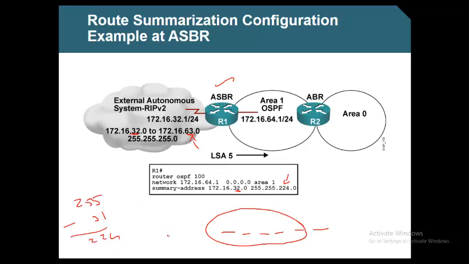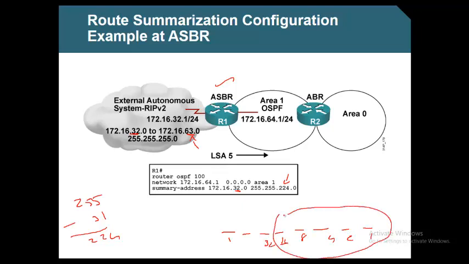How 31? Sorry, not from here. Let me, before I put the rounder in the wrong place. 1, 2, 4, 8, 16, 32. So if I add all this, I'll get 31.